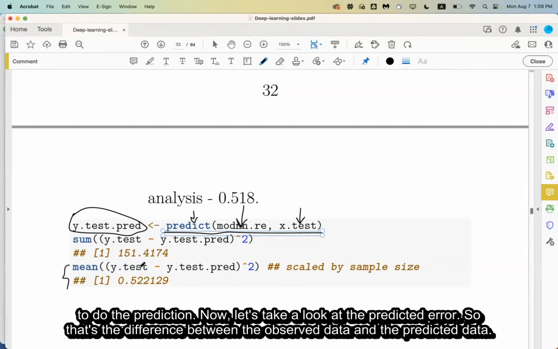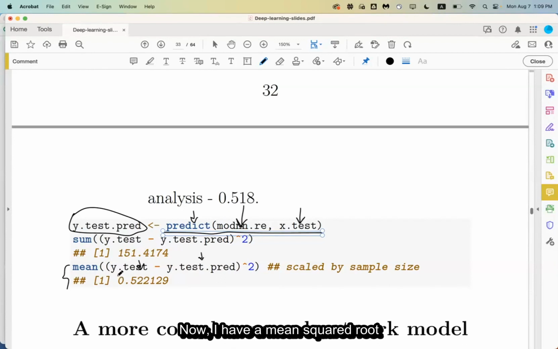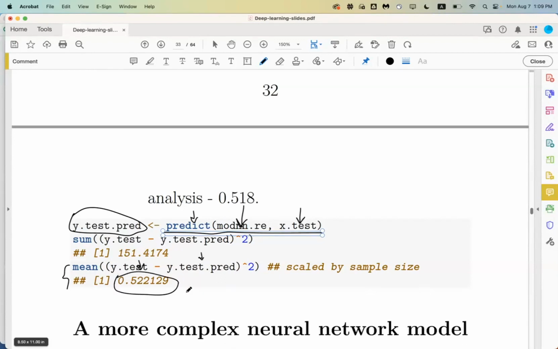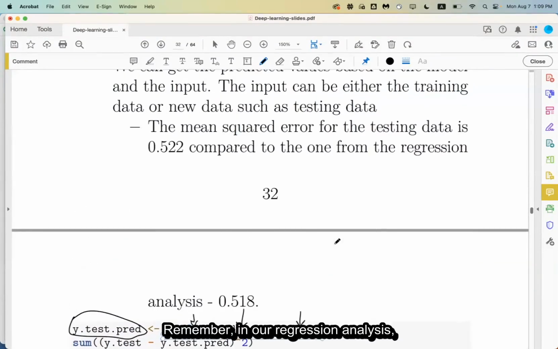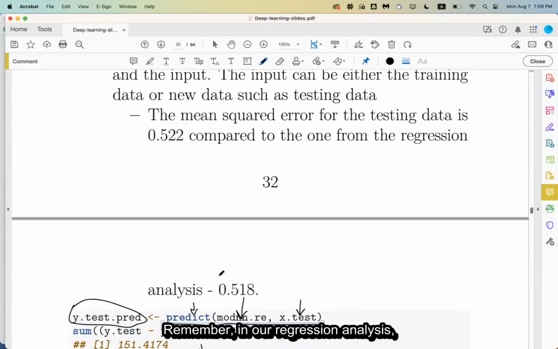Now let's take a look at the prediction error. That's the difference between the observed data and the predicted data. Now I have a mean squared error of 0.522. Remember, in our regression analysis, we had a mean squared error of 0.518.